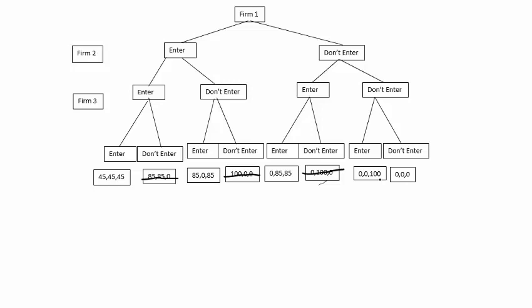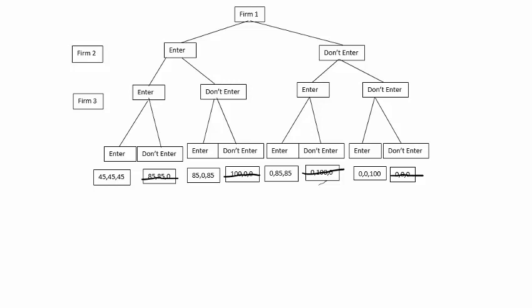And since 100 is a bigger number, they would choose to enter, thus eliminating don't enter as an option. And as we can see, firm 3 has a dominant strategy of enter and a dominated strategy of don't enter, as they always choose to enter and never choose to not enter.